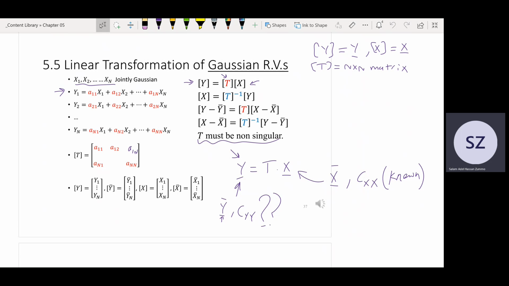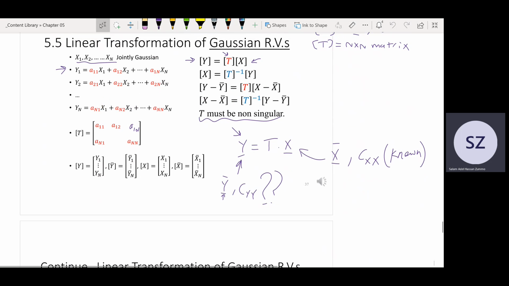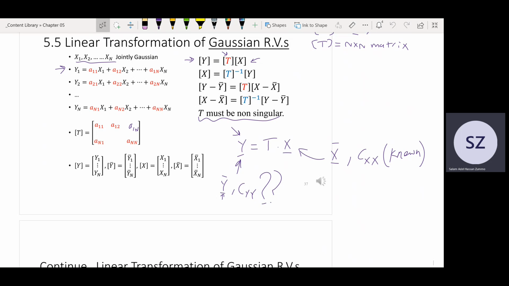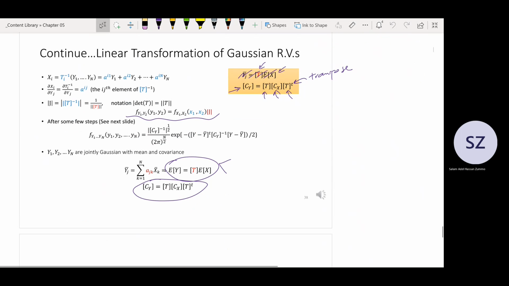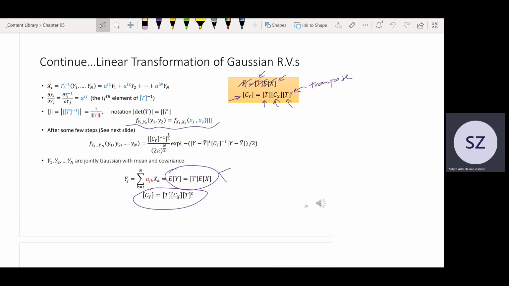Of course, for this to happen, T should be non-singular. In this case, the mean of y equals T multiplied by the mean of x, and the covariance matrix of y equals T multiplied by the covariance matrix of x multiplied by T transpose.